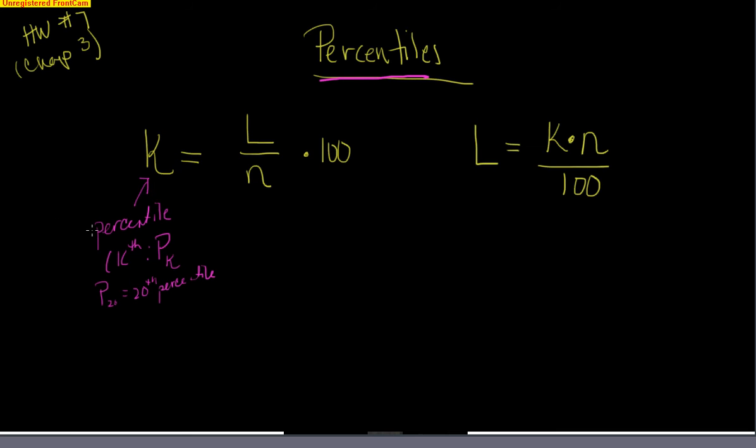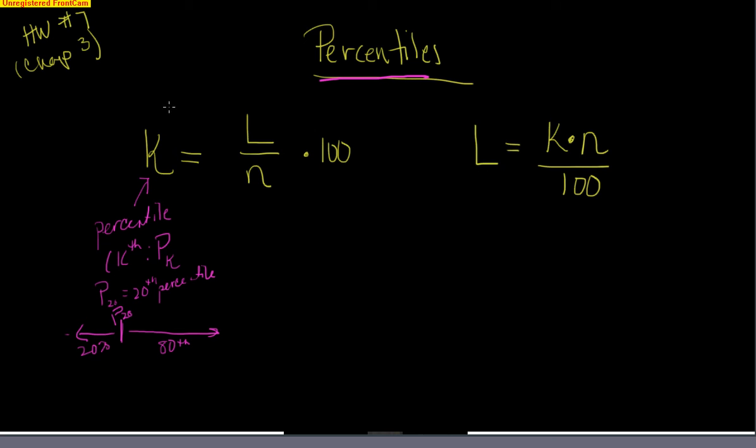And the 20th percentile means that value for which 20% of your data is below that number, and the other 80% is above. That is your 20th percentile, whatever that number is, depending upon the data you're looking at.